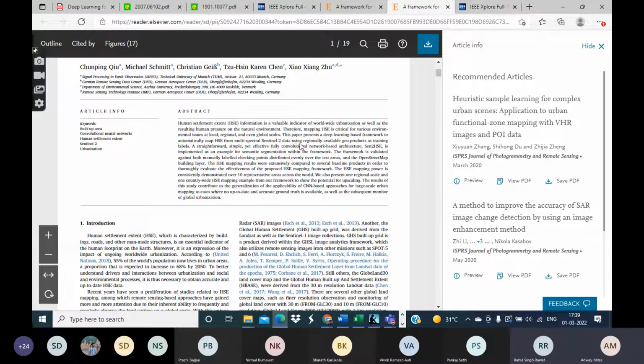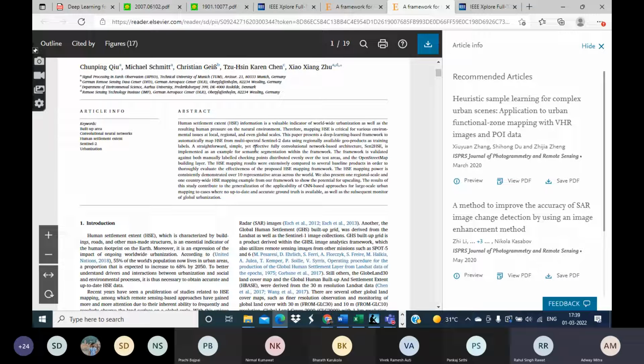This paper presents a deep learning based framework to automatically map HSE from multispectral Sentinel-2 data using regional available geoproducts as training labels. So it will take a multispectral image from this Sentinel satellite and map it to the HSE map. So I will show you examples of that in a bit.